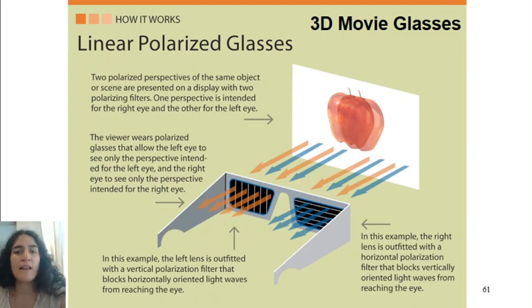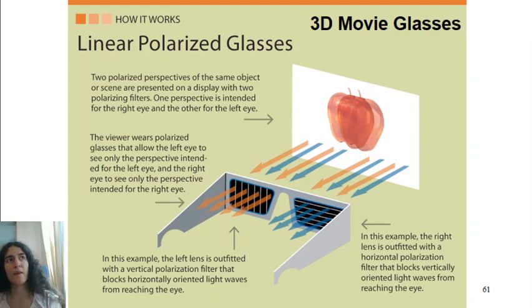The light projected on the screen includes light intended for your left eye that is vertically polarized, and light intended for your right eye that is horizontally polarized. And so you're seeing a completely different picture in your left eye and your right eye.